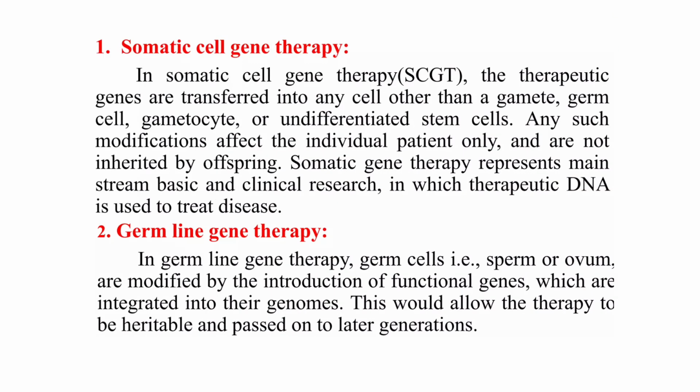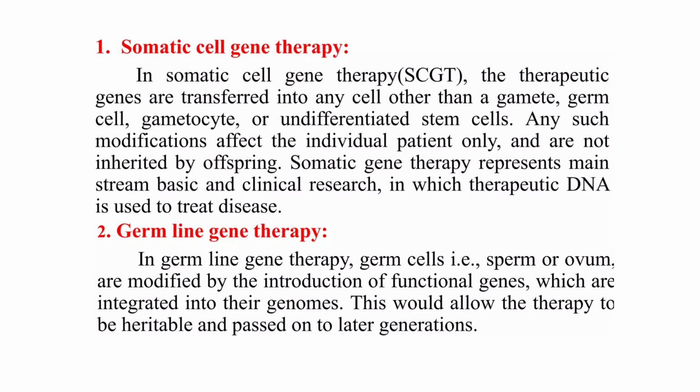There are two types of gene therapy, somatic cell gene therapy and germline gene therapy. So, in somatic cell gene therapy, the therapeutic genes are transferred into any cell other than a gamete, germ cell, gametocyte, or undifferentiated stem cells. So, any such modifications affect the individual patient only and are not inherited by offspring.